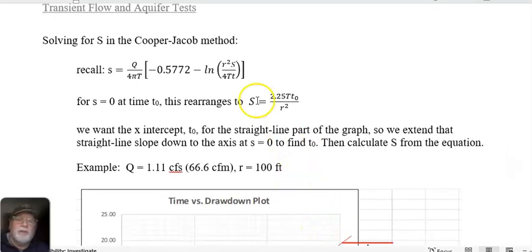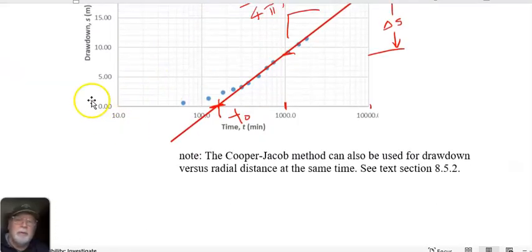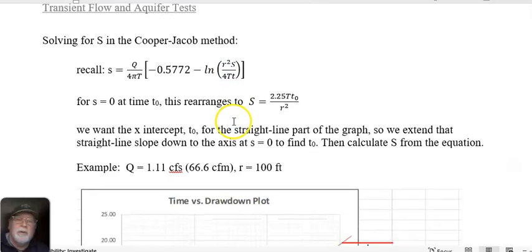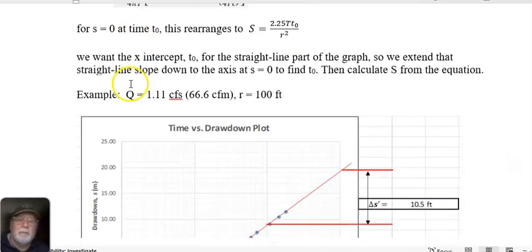So from our equation, if s equals 0 drawdown, that's the intercept down there, then that equation can be reduced and rearranged so that the S, the storativity, storage coefficient, is 2.25 T t0 over r squared. 2.25 comes from minus 0.5772 and the pi in there.